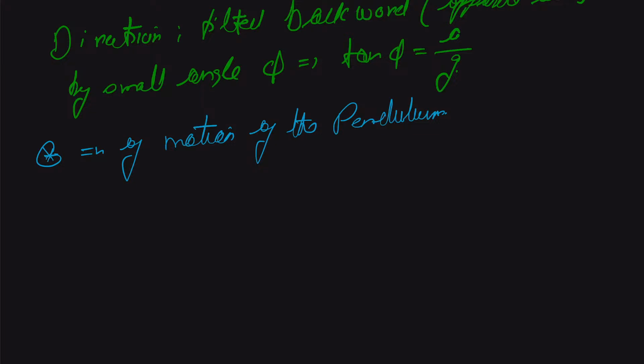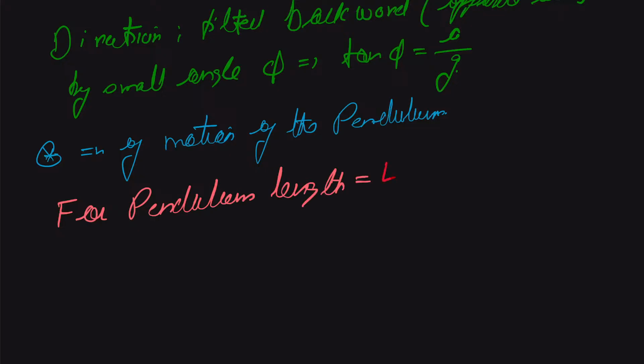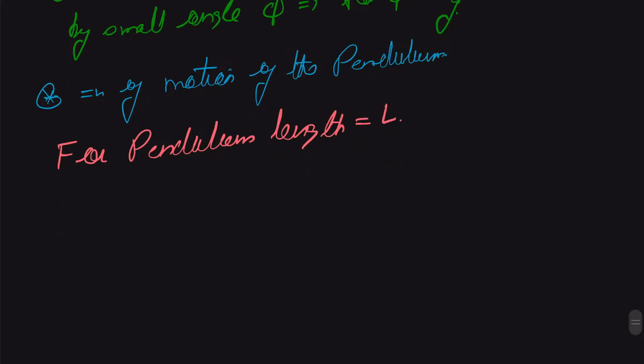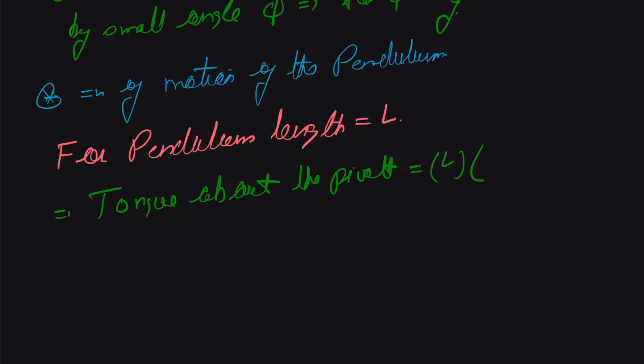For pendulum length equal to L, the torque about the pivot will be equal to distance times m g effective sine of theta.